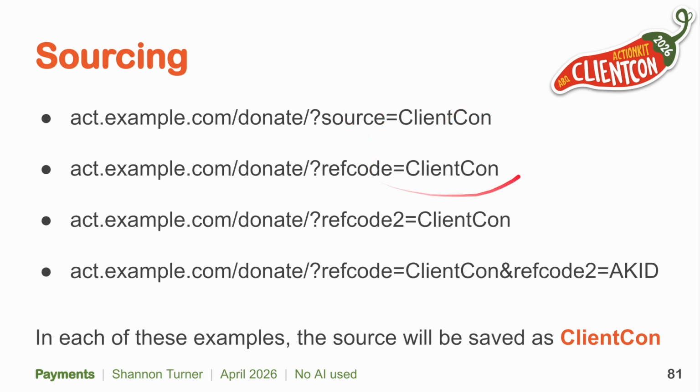We will use refcode as the canonical source if it's present, even if you also have the source parameter. But we will happily accept refcode2 as the source if you don't give us refcode. And if you have both refcode and refcode2, we will prefer refcode as the source. So in all 4 of these examples, the source gets saved as ClientCon.